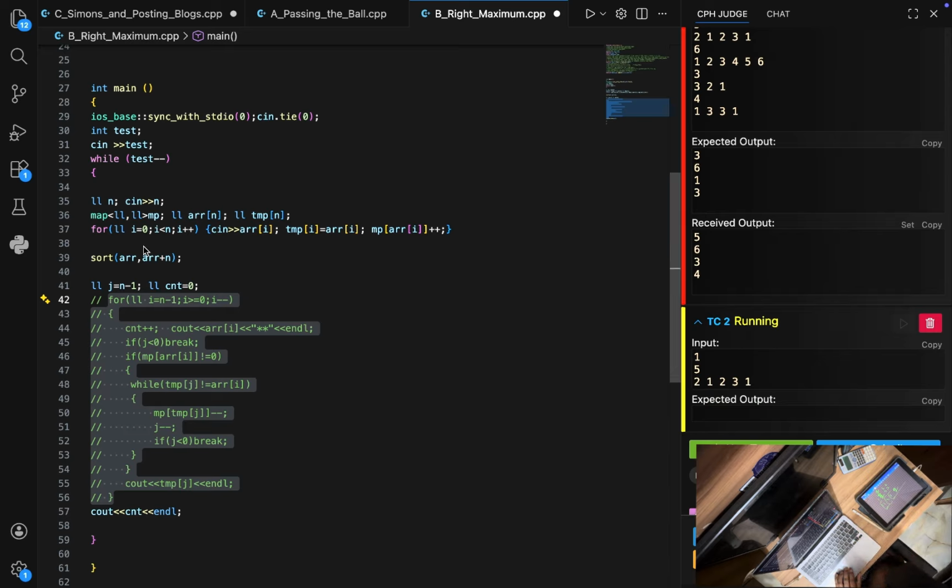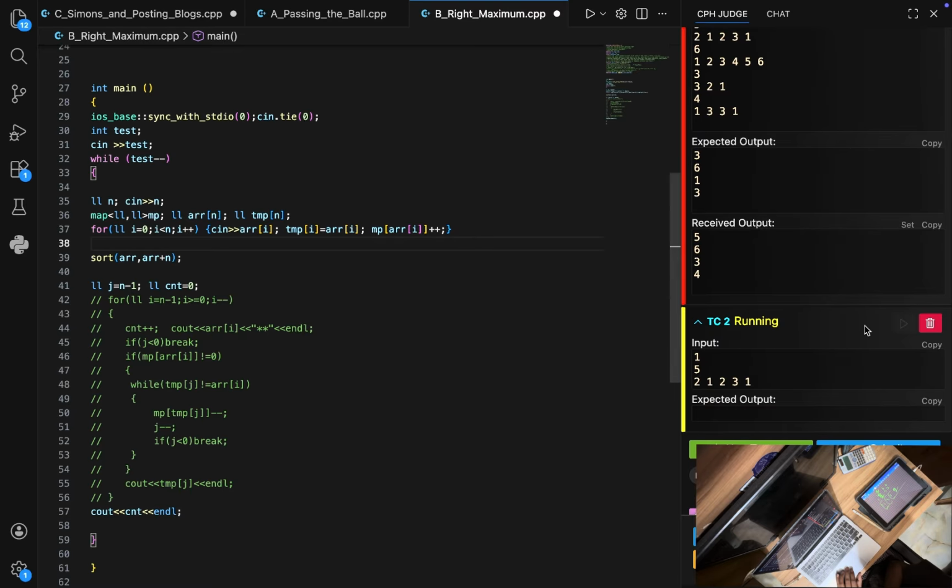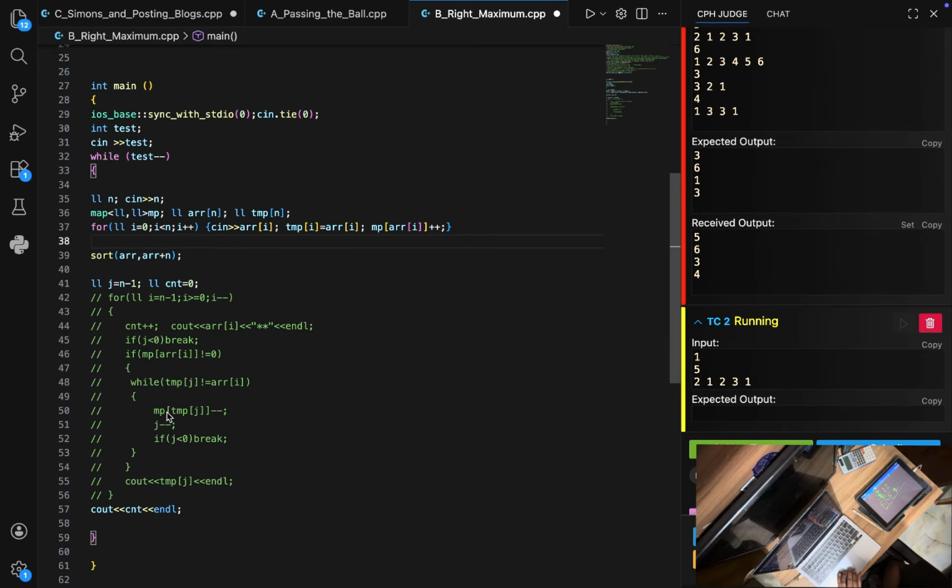Okay, something is wrong somewhere else. Then n, array of something, something temp. Yeah, it looks good. Then why is it not running?